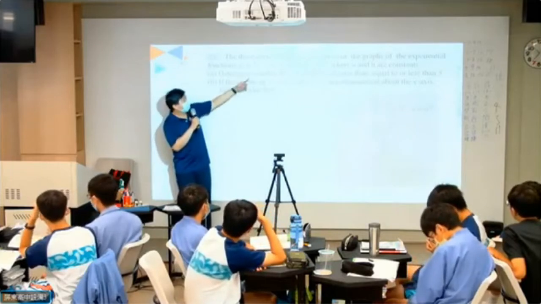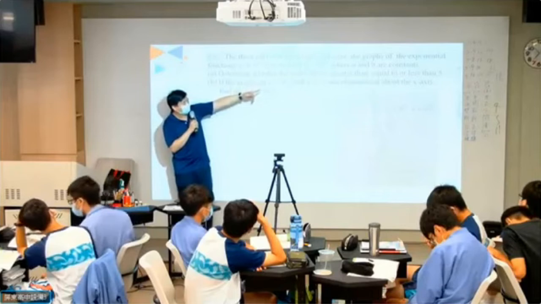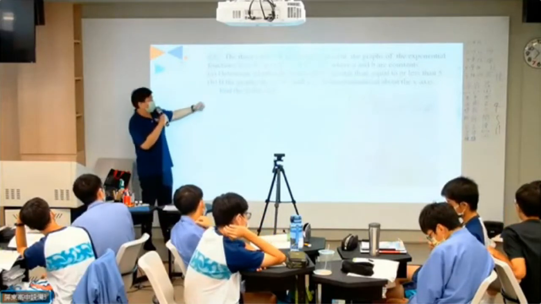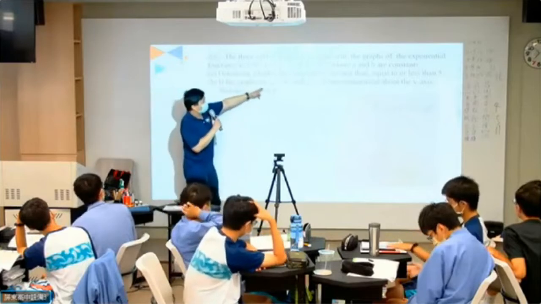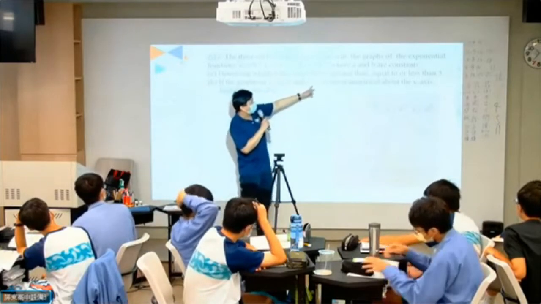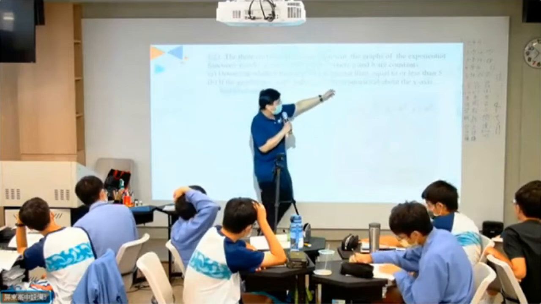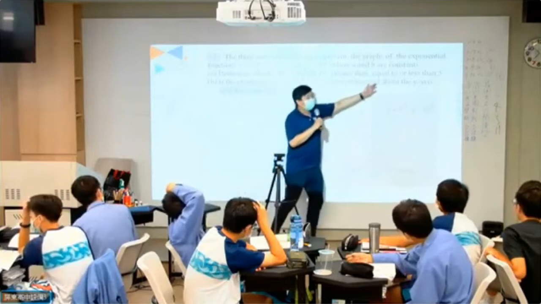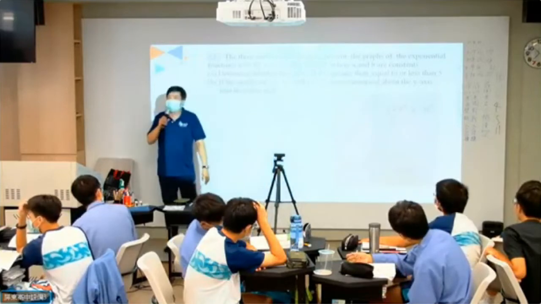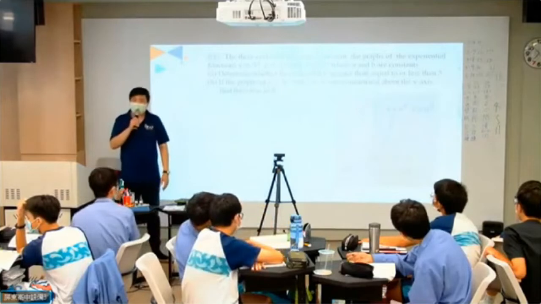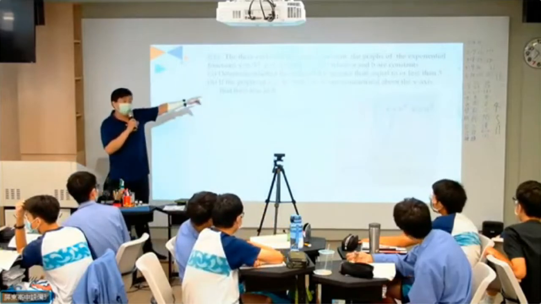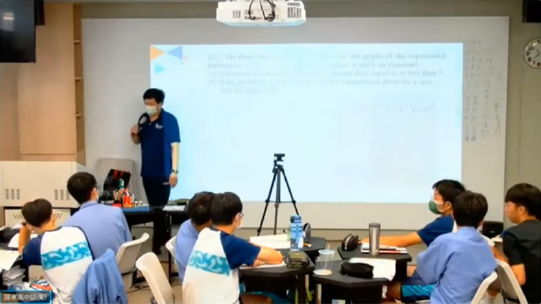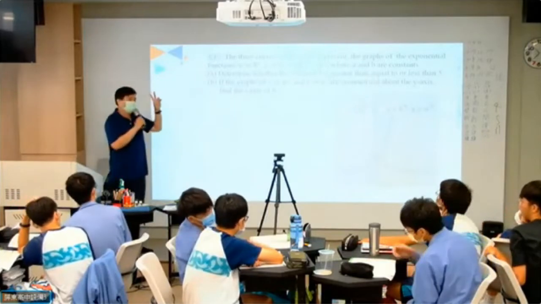Question 2: If the graphs of y is equal to b to the power of x and y is equal to 5 to the power of x are symmetrical about the y-axis, find the value of b. Okay, we have two questions.